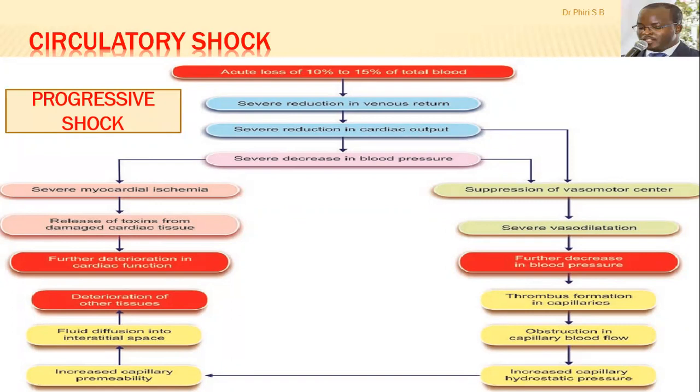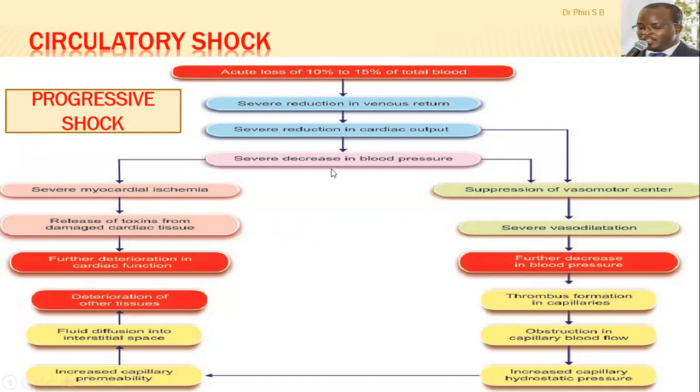If you're losing between 10 to 15%, you're going to have a severe reduction in venous return because blood volume is reducing. There will be a severe reduction in cardiac output that will bring about a severe decrease in blood pressure. With this severe decrease in blood pressure, those compensatory mechanisms are not enough to bring it back to the normal range.